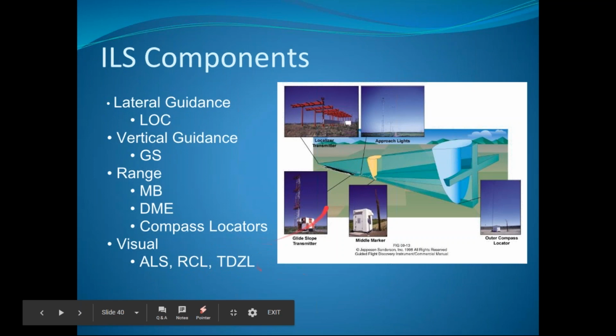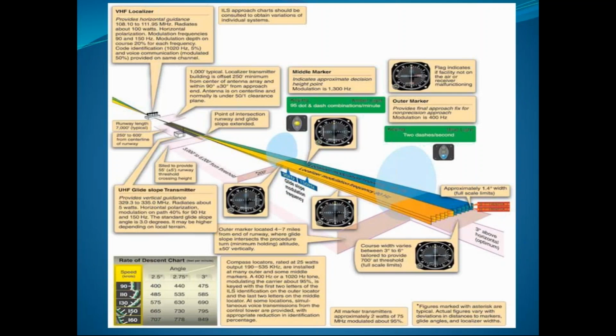Those are the different lights we will see coming into a runway. So we've got the navigational equipment and we have visual equipment as well. When we talk about precision and non-precision approaches, that's when we're going to dissect some of this. But really this picture is just giving you an idea of how the instrument inside the aircraft will look in reference to where you are on the glide slope or the localizer.